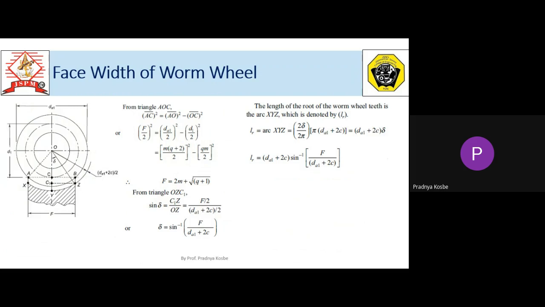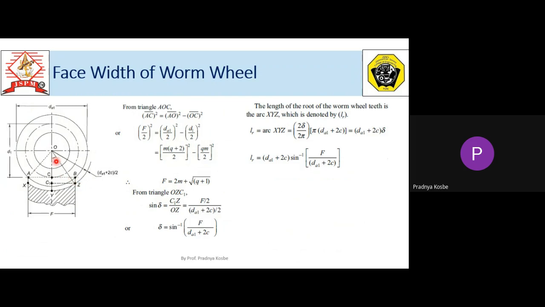So to find out the length of the worm wheel teeth, let us consider triangle O. Now this is the length of the arc of the worm wheel teeth, which is denoted here by x, y, z.